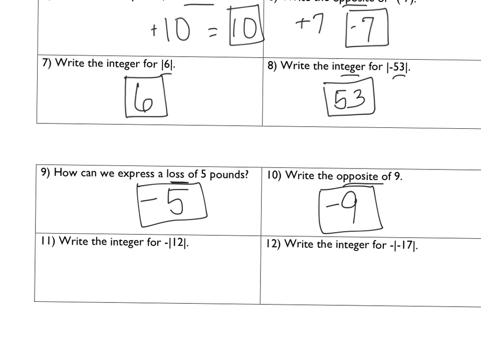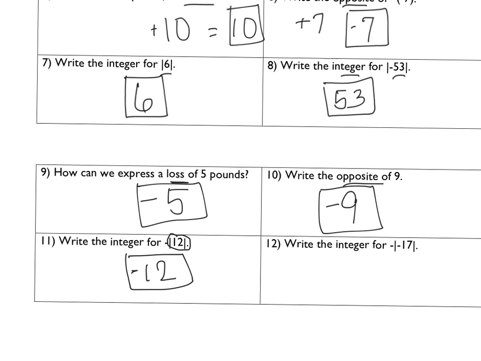Number 11, write the integer for the negative absolute value of 12. So we take what's inside of the absolute value first, which is 12. The negative is outside the absolute value, so it stays on.